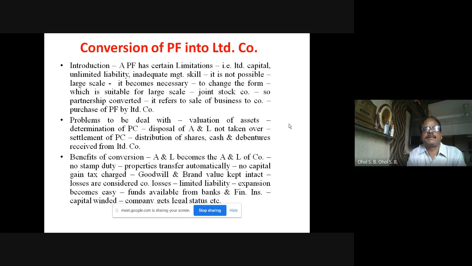The liability is not limited to whatever capital is invested in the firm.